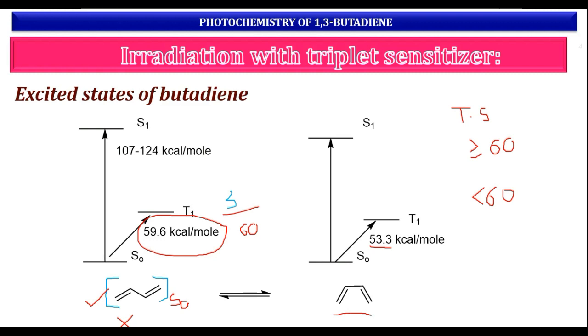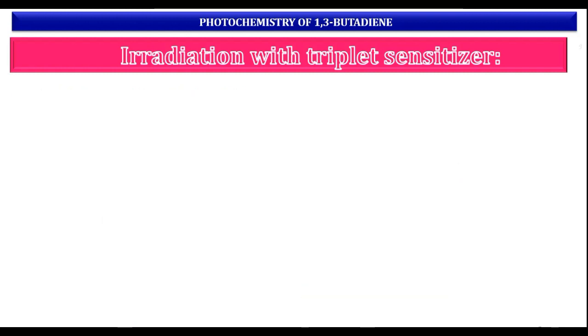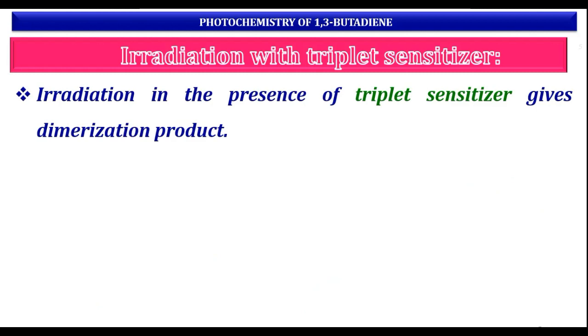So friends, what I am saying here is, when you use a triplet sensitizer, if its energy is greater than 60, then the S-trans isomer is involved in the reaction. If its energy is less than 60, the cis isomer undergoes reaction. So here, irradiation in the presence of a triplet sensitizer gives dimers.